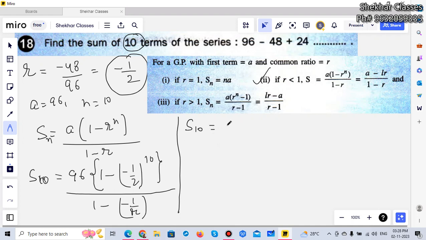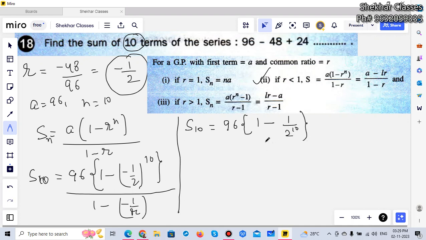That is equal to 96 times 1 minus minus half to the power 10. Minus half to the power 10 will be plus, because it is an even power. So we can write it as half to the power 10, finally 1 upon 2 to the power 10.